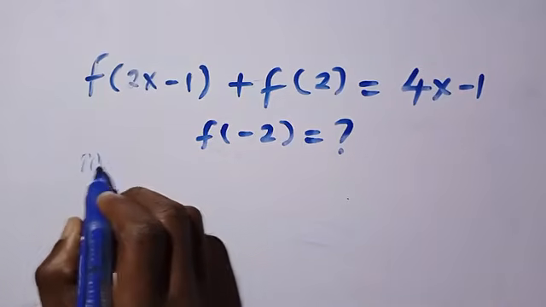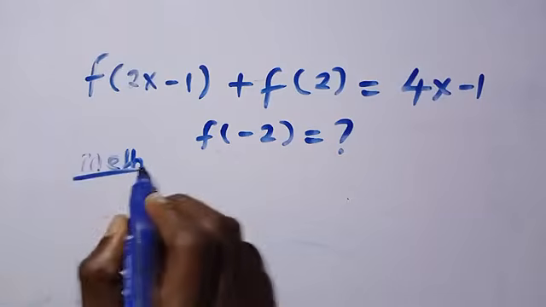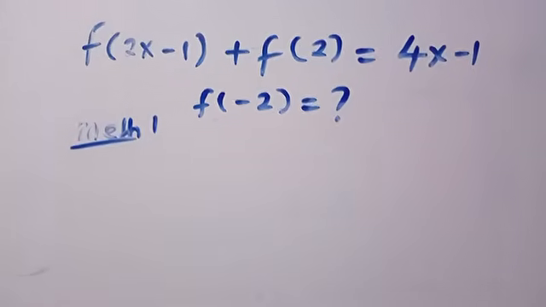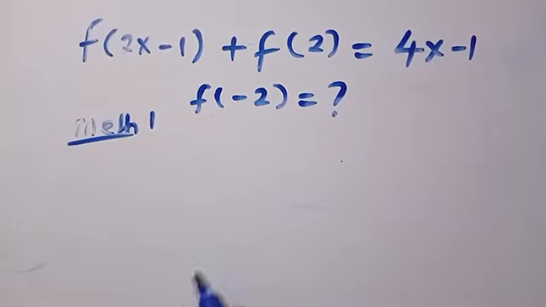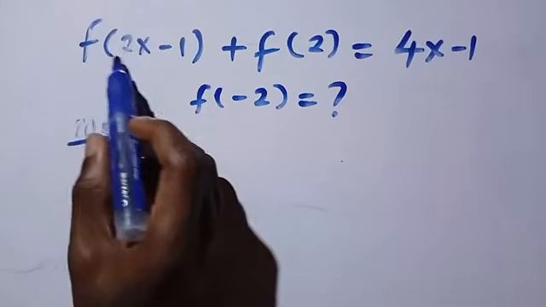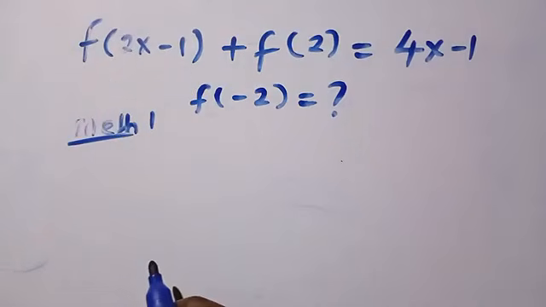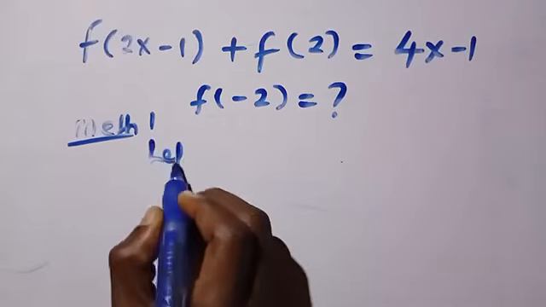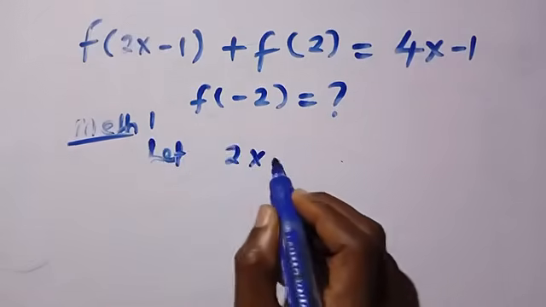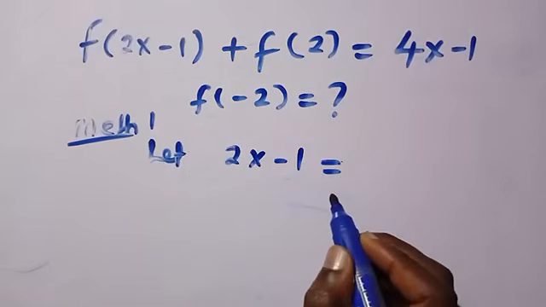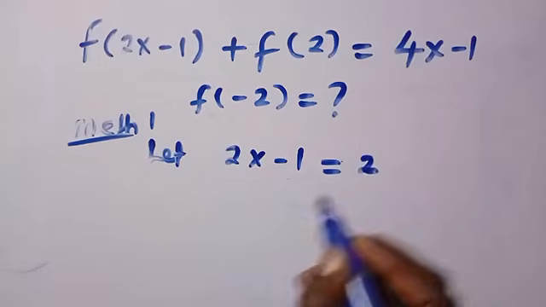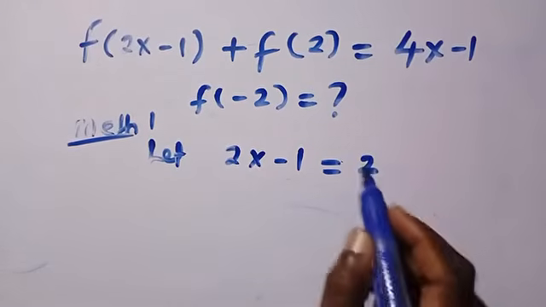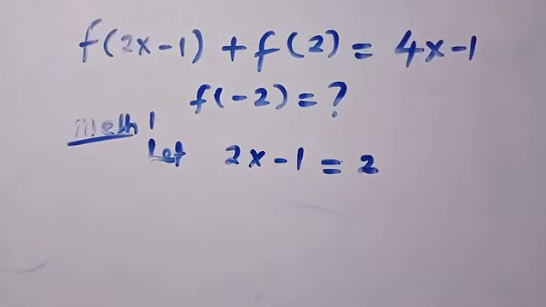For the first method, we have this domain of the first one as 2x minus 1, and suppose I let 2x minus 1 equals 2. So I let it be a constant number.